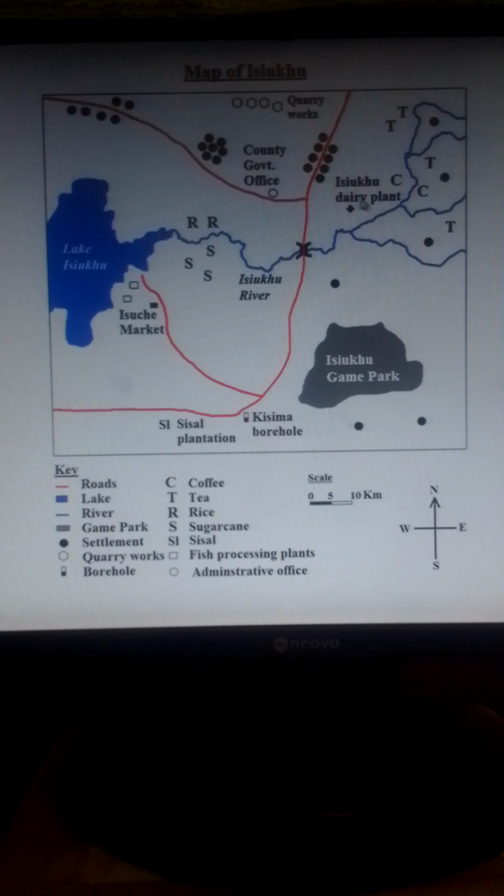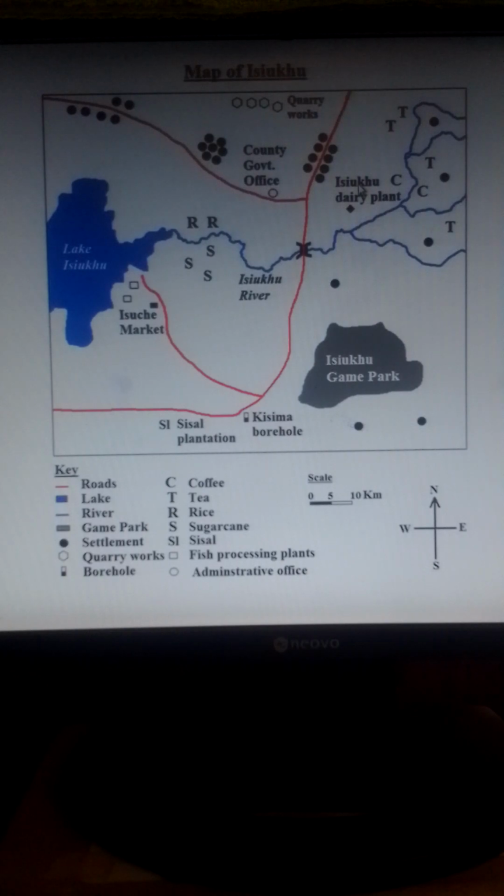It is called Isioho dairy plant around this area. So that means that we have dairy farming in this area, in this region of the map, right, because of the dairy plant. Now what else?